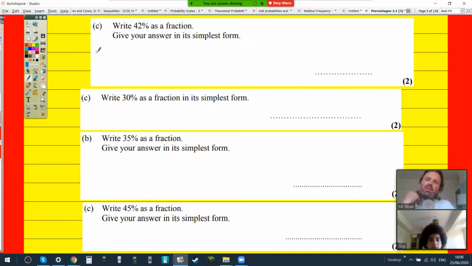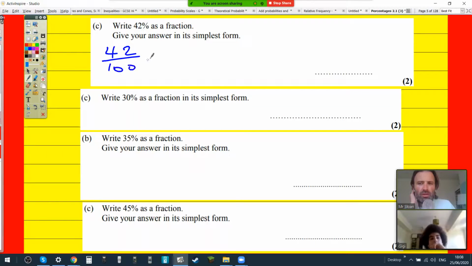Okay, top one. 42%. So 42/100, one step at a time.